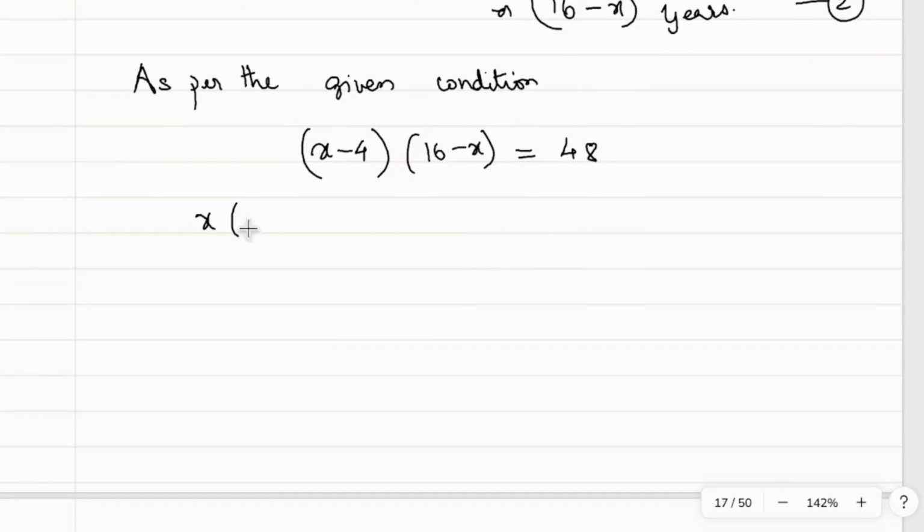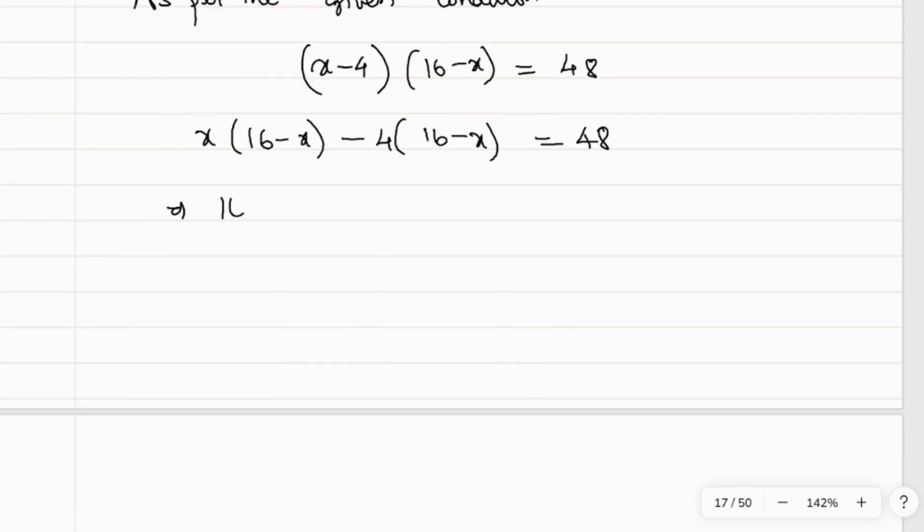That is x into 16 minus x minus 4 into 16 minus x equals 48, which is equal to 16x minus x square minus 4 into 16 equals 64, minus 4 into minus x is equal to plus 4x, equals 48.